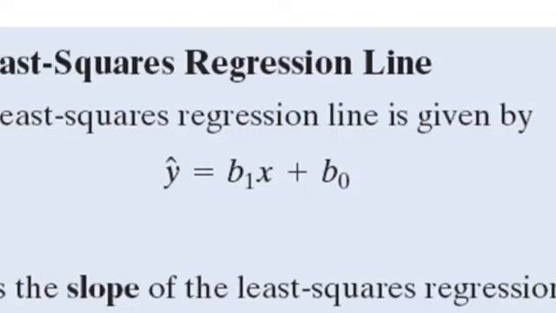Now notice that this is the same general form as the slope-intercept form when we say y equals mx plus b. But here we're denoting the slope as b1 and the y-intercept as b0. Now you'll notice that we've also got a caret symbol over the y in our equation.